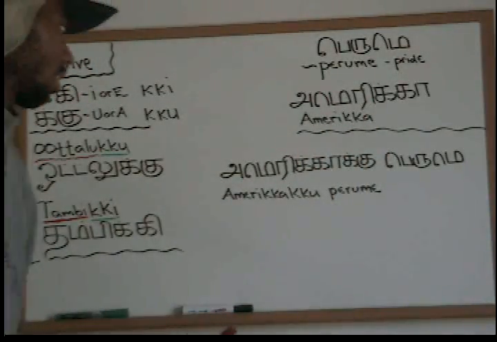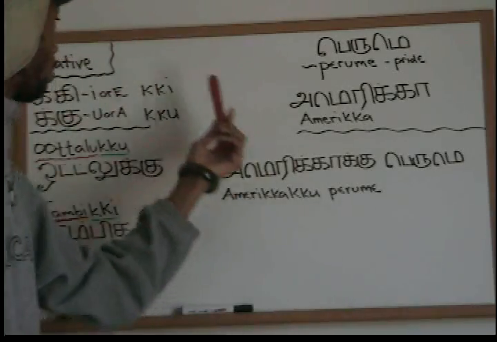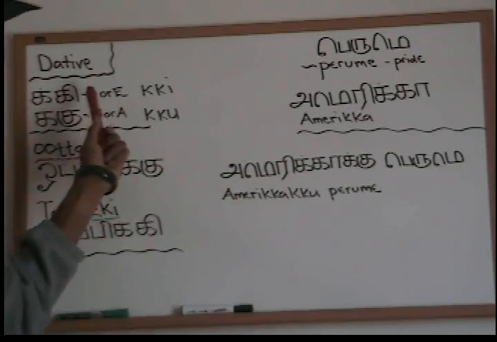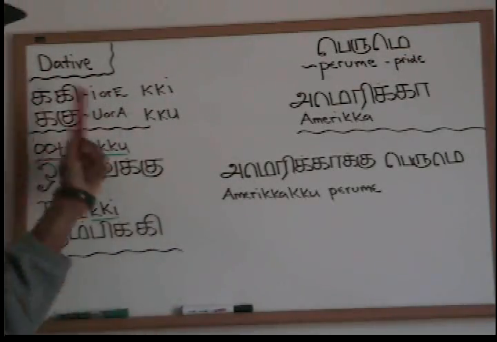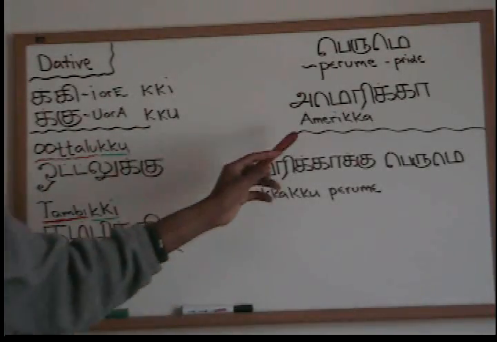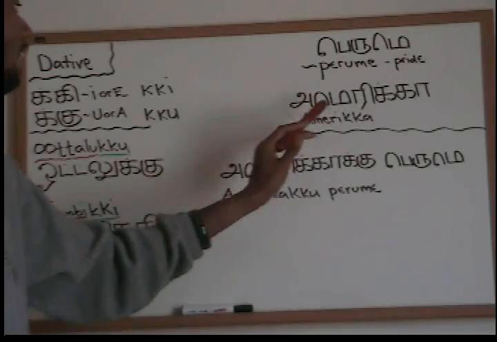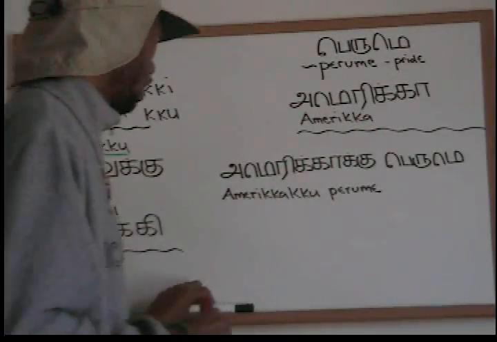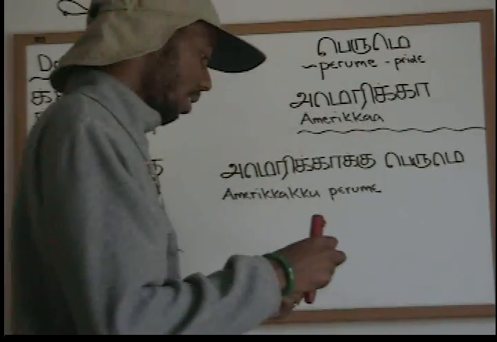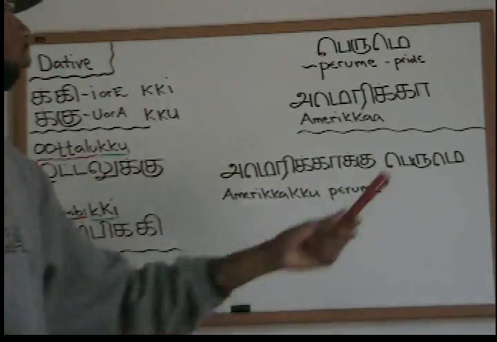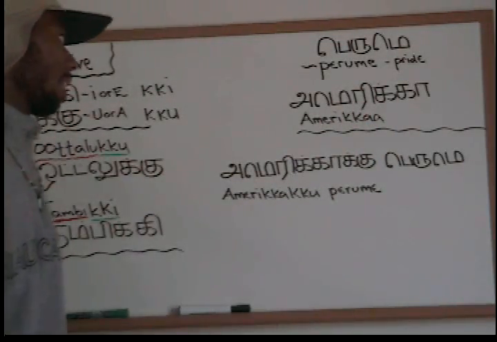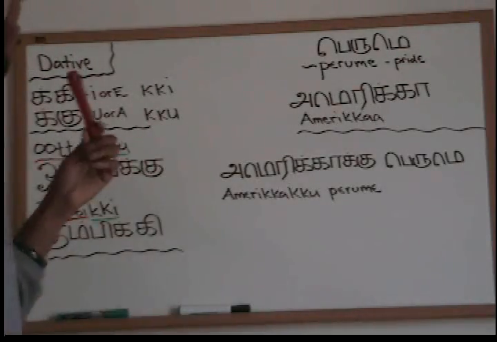The same rule will apply as before. If the word ends with an I or E, it's going to take ki. If it ends with a U or A, it's going to take ku. So let's look at the word America. It actually should have been another A here. What does it end with? It ends with an A, so it's going to take the ku.